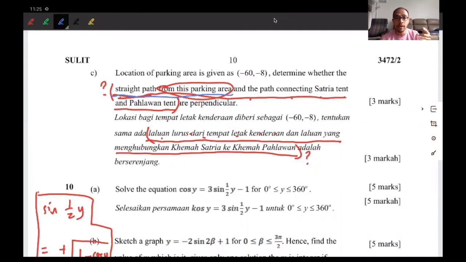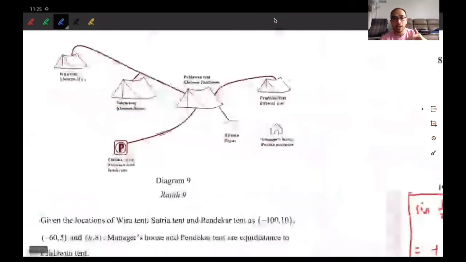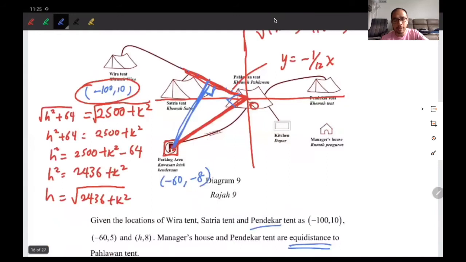Number two, I have to assume that we are talking about the parking area to the Pahlawan tent, or the parking area to the Satria tent. Either way is okay, so I'm going to discuss both cases. Sorry, today is going to be a little bit long because this question is very tricky.